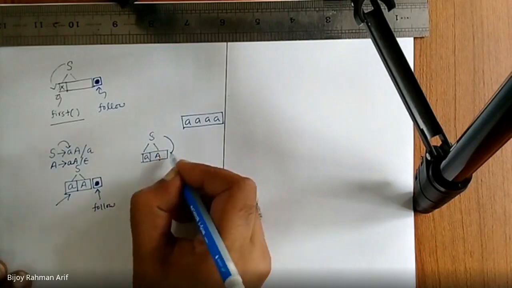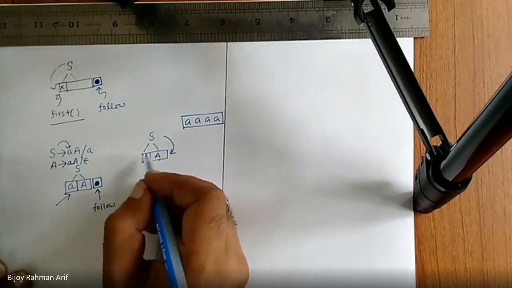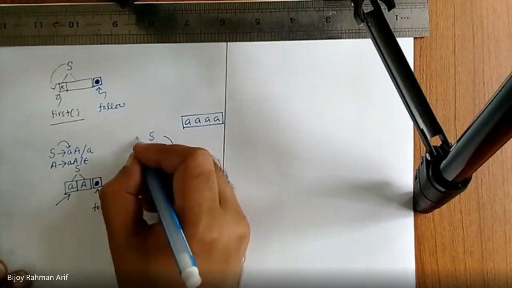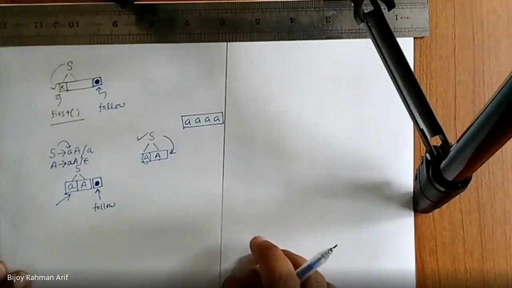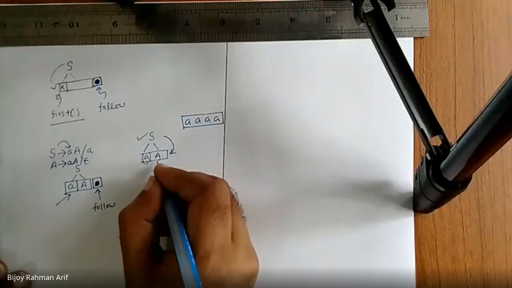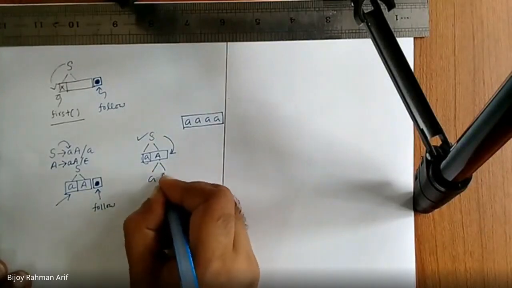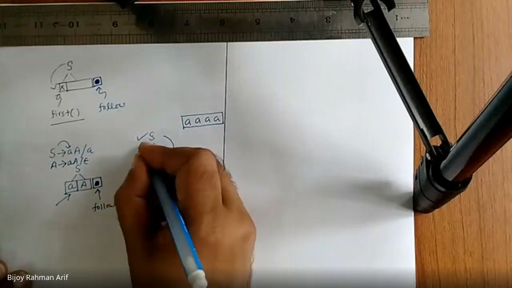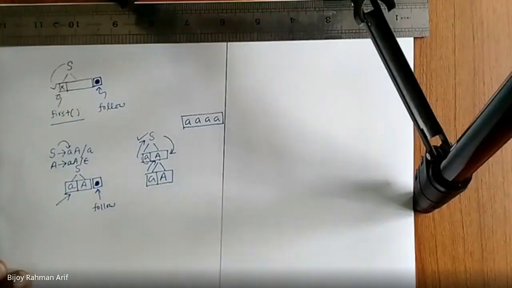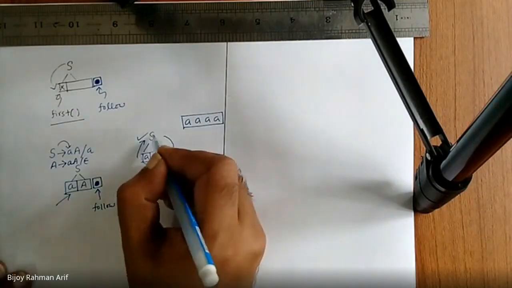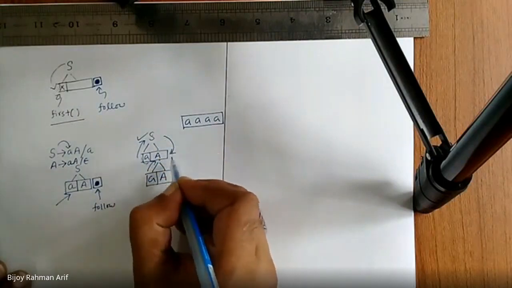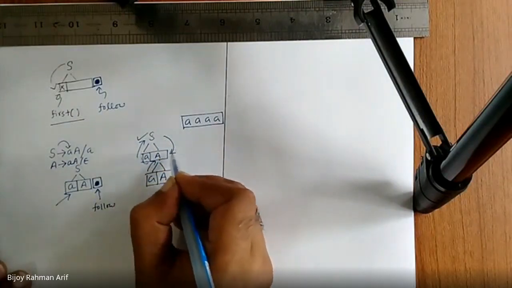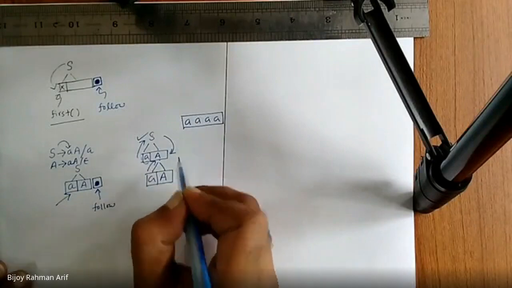During this derivation step, whatever comes at the very beginning is the first of S. Am I right? Yes, sir. Now if you derive A to AA again, whatever comes at the very beginning is the first of this one. So this way we can calculate first, and we have seen the algorithm as well. Now, follow is whatever comes after this one during the derivation.